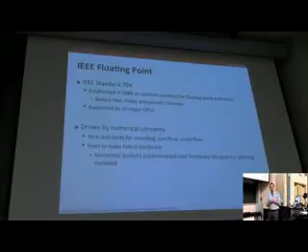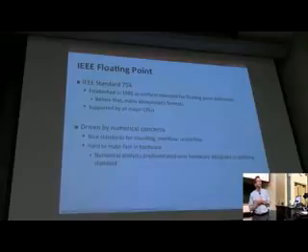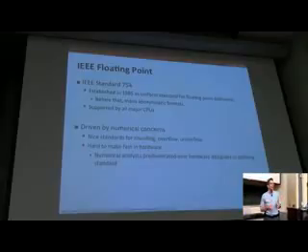Now, up until 1985, floating point was just a disaster, and every computer manufacturer had their own representation. It was just terrible because you couldn't predict what would happen if you moved your program from one machine to another. The behavior would be different. The rounding would be different. It was a very difficult situation, and people, computer scientists in particular, really disliked floating point.